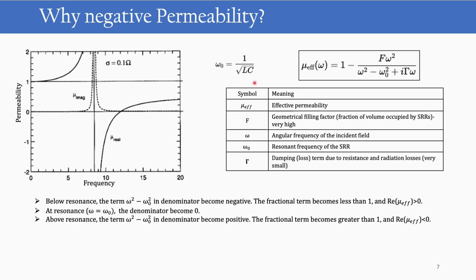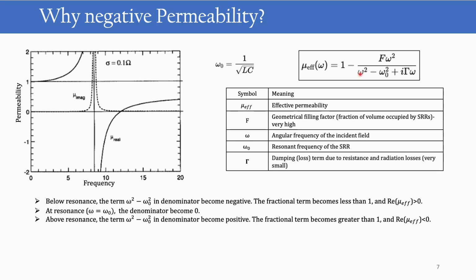So as it is 1 plus some terms, you can see that the effective permeability is increasing from 1 as the frequency is less than the resonant frequency. At the resonance frequency, omega becomes equal to omega 0 and this denominator becomes 0. Because of that, you can see the drastic transition in effective permeability. And because of this term, you can also see some drastic change in the imaginary part of permeability.